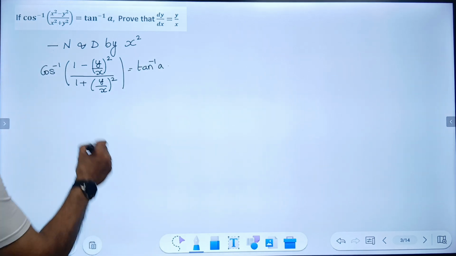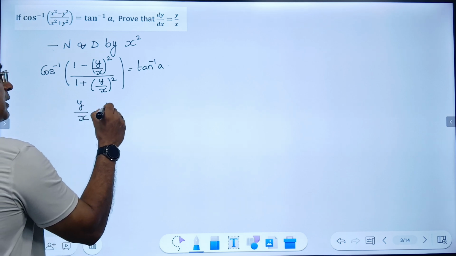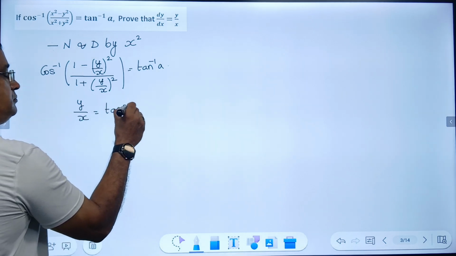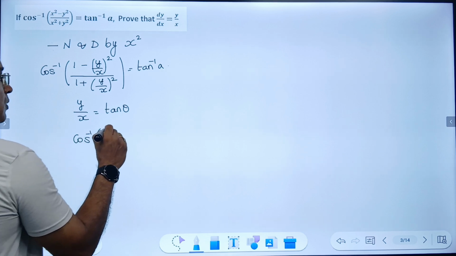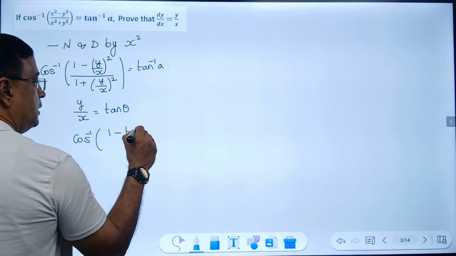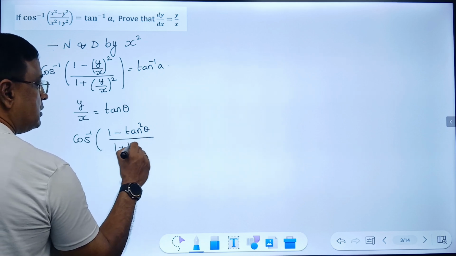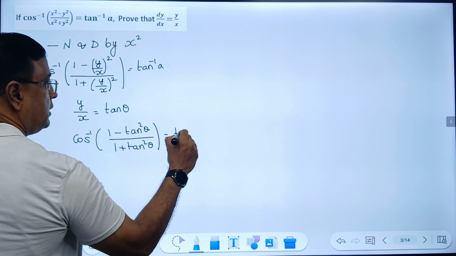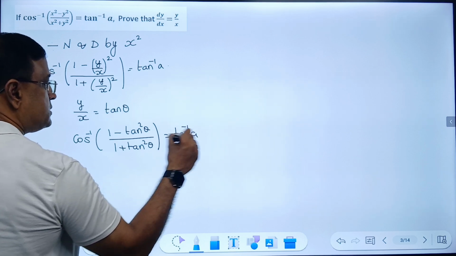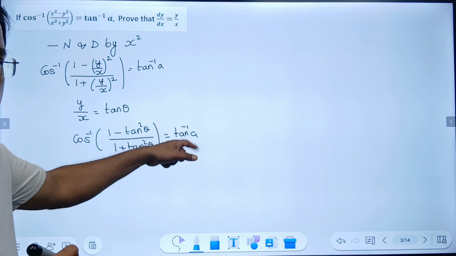Now what I do, I will take y by x as tan theta. So this will become cos inverse of (1 minus tan square theta) by (1 plus tan square theta) equal to tan inverse of a. The interesting thing you should notice is that in the answer there is no a, so I'm going to get rid of it.